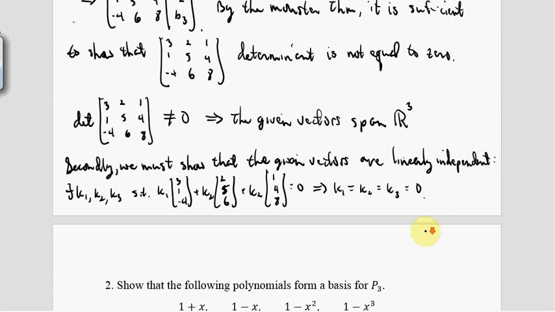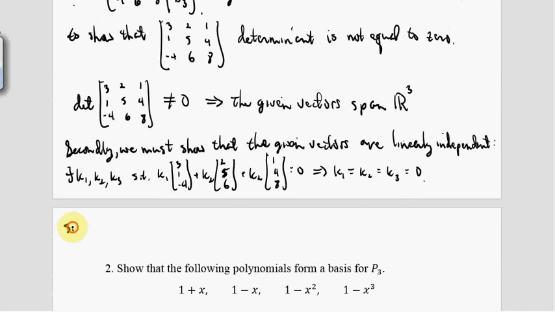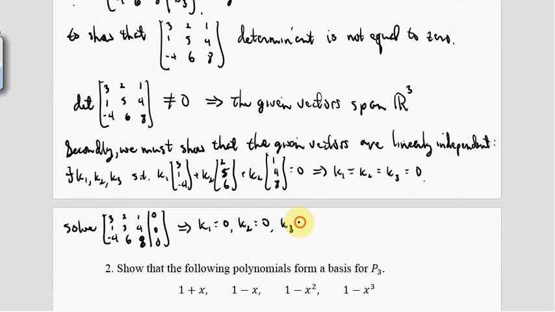Now, on a graphing calculator, we solve, and that does imply that K1 equals 0, K sub 2 equals 0, K sub 3 equals 0. What do you get? Actually, this system reduces to the identity.